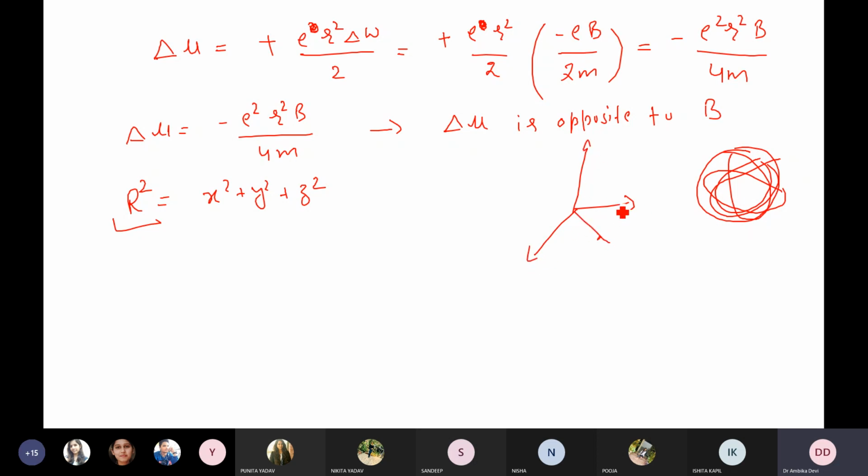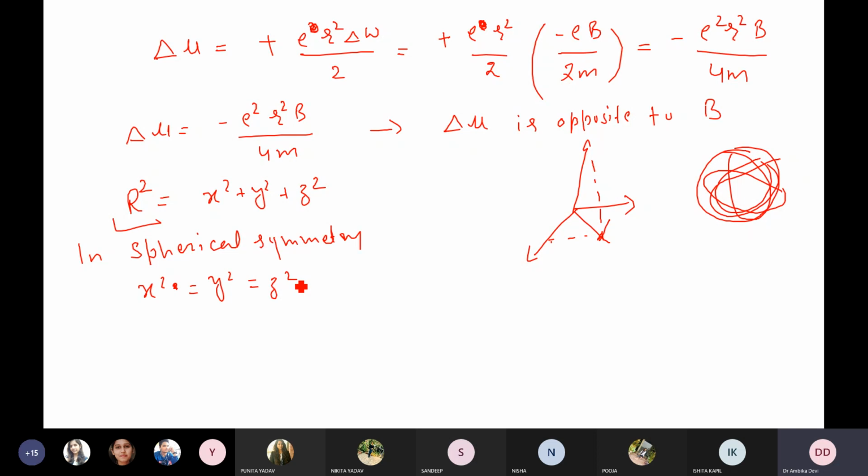So when you extrapolate, this will become like this. Okay, so r square is equal to x square plus y square plus z square, where x is the component in x direction, y is the component in y direction, z is the component in z direction. But when we talk about spherical symmetry, x square is equal to y square is equal to z square, right?